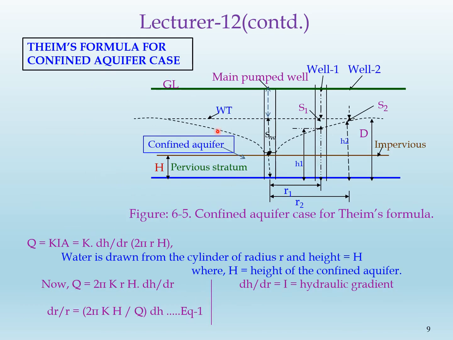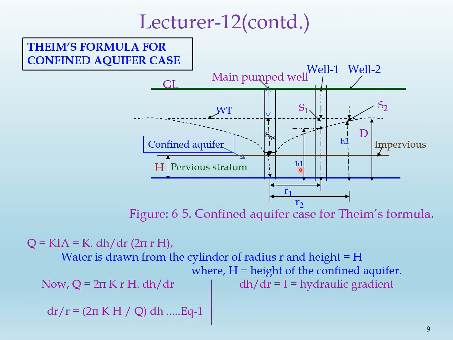This figure represents Thiem's formula for confined aquifer, and the experimental setup is the same as unconfined aquifer. Here, as in the unconfined aquifer, this is the main well, this is observation well 1, and this is observation well 2. This is the drawdown curve, and we know in a confined aquifer there is an upper impervious layer above the pervious stratum or pervious layer.